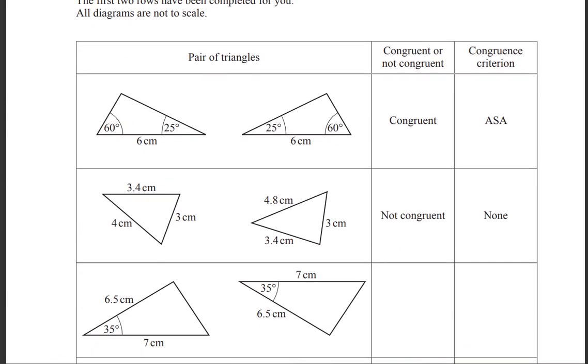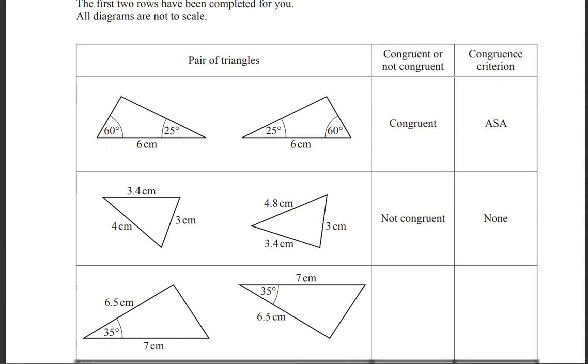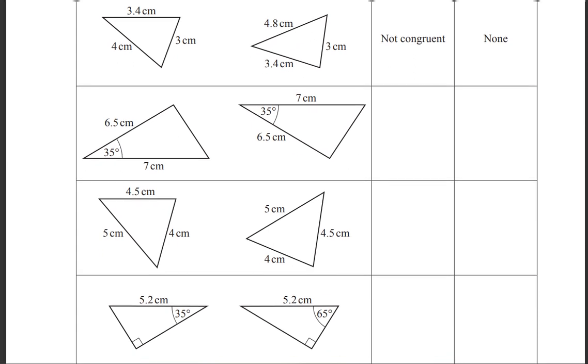Okay, he's giving me here a pair of triangles and he wants me to decide whether they are congruent or not congruent, and what is the congruency condition that I have. For this I have here 7 centimeter, and here 6 centimeter.